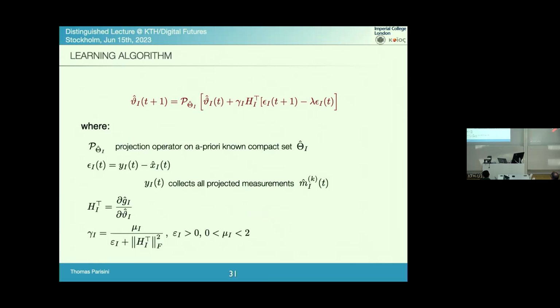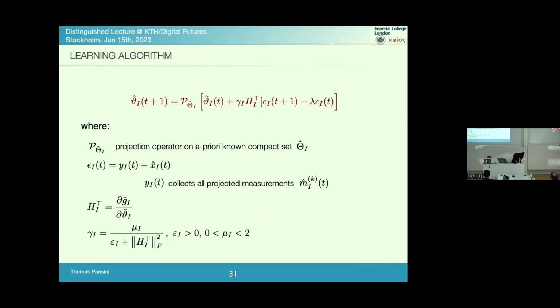And how is the learning algorithm designed? Well, the learning algorithm is rather standard in the adaptive online approximation literature. Basically you have an adaptive mechanism here that is based, of course, on a kind of prediction error scheme, but then you also need some kind of projection operator to avoid parameter drift.